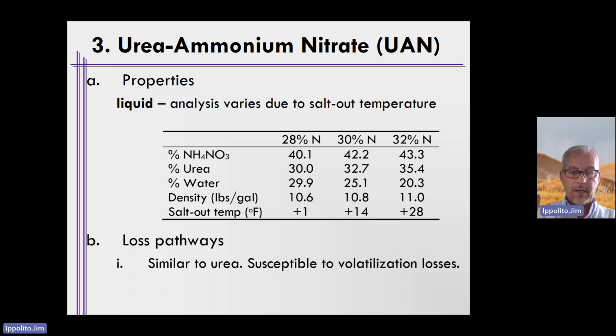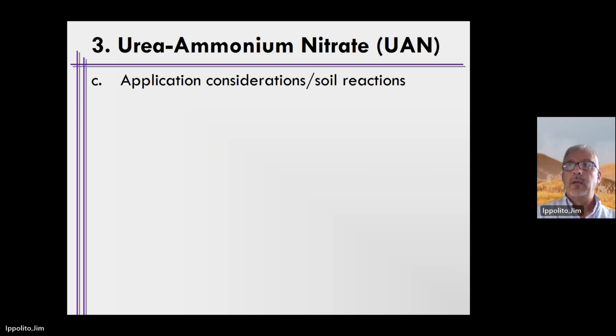So you should first think of volatilization. This product is susceptible to volatilization losses, not as great as urea. And we shared that with you in the previous video on urea fertilizers.